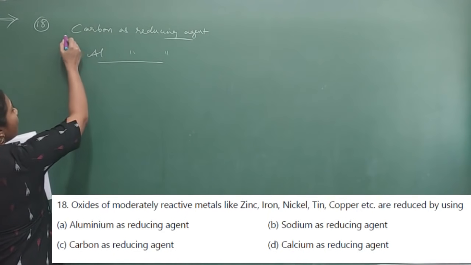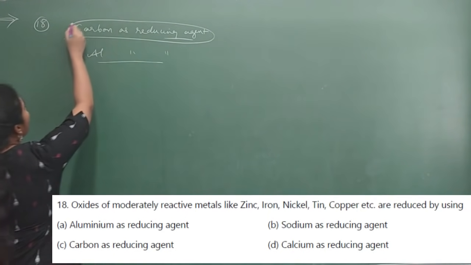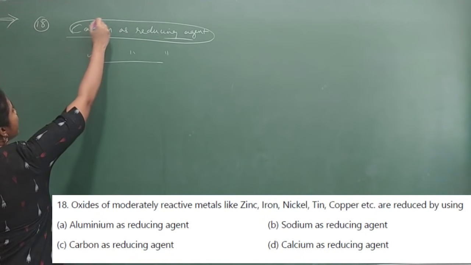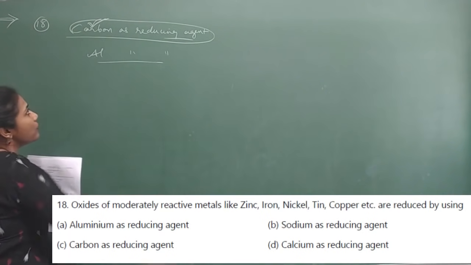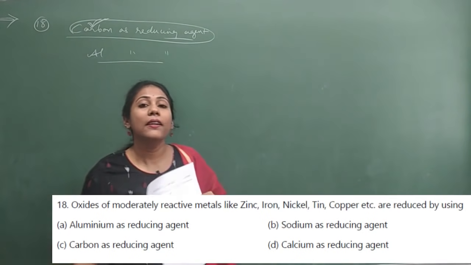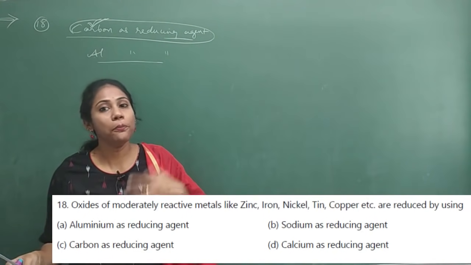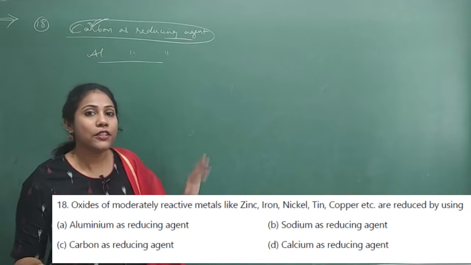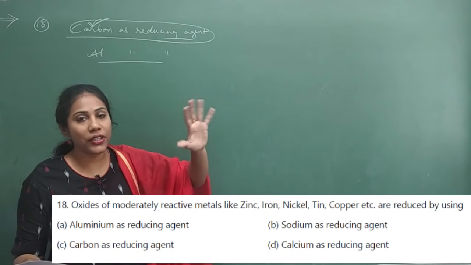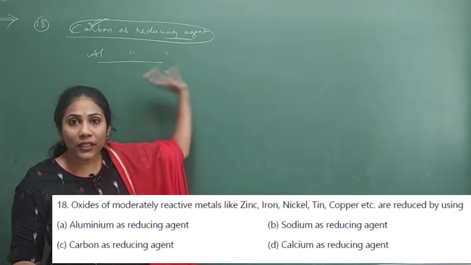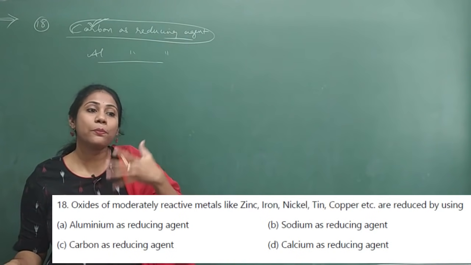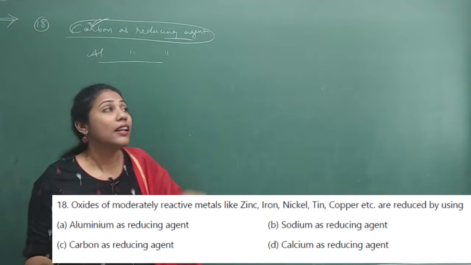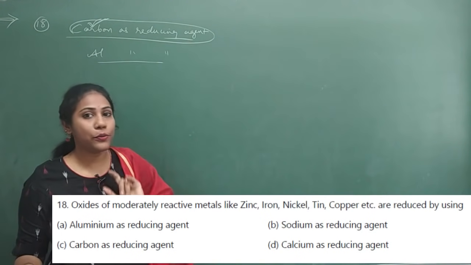As of now, just remember that carbon is the more preferred reducing agent for reducing moderately reactive metal oxides. Aluminium is also correct, but since carbon has a more powerful reducing nature, carbon is used as a reducing agent.